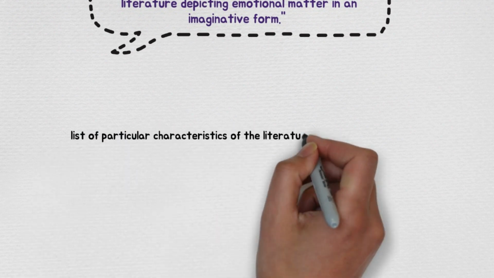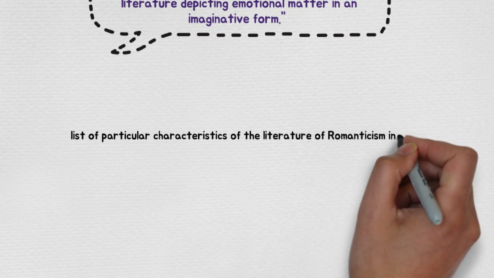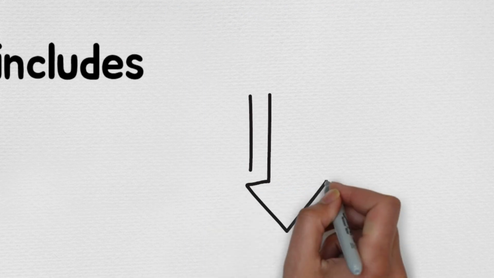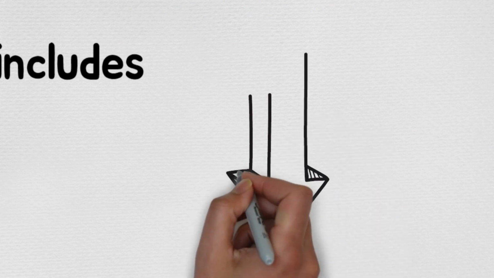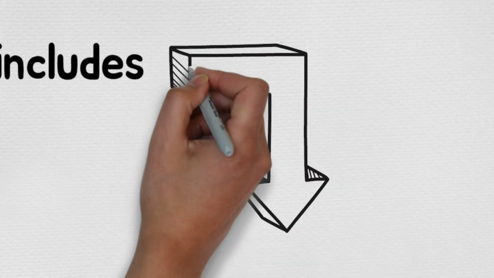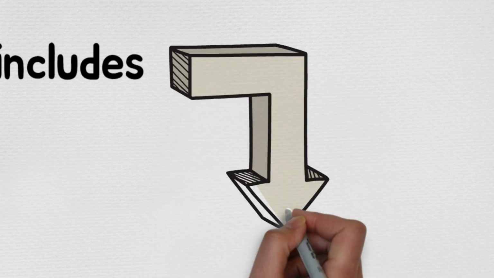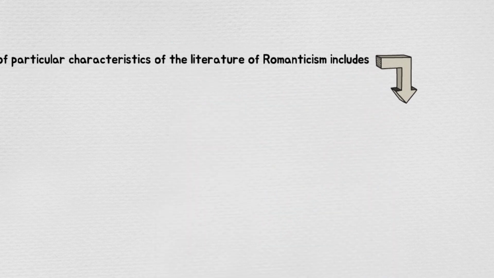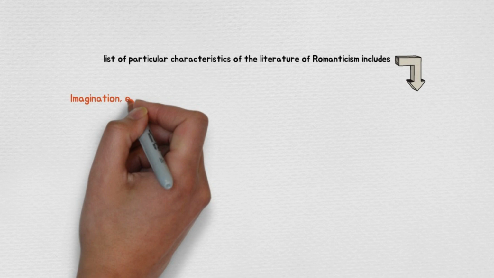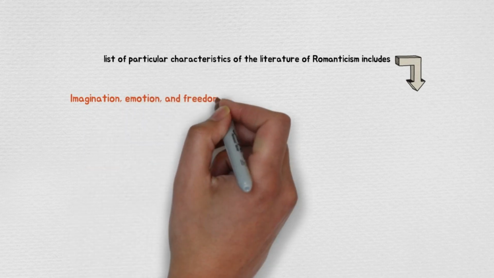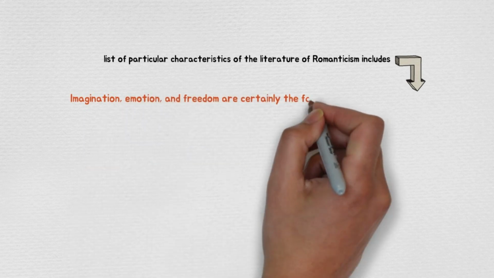A list of particular characteristics of the literature of Romanticism includes imagination, emotion, and freedom, which are certainly the focal points of Romanticism.